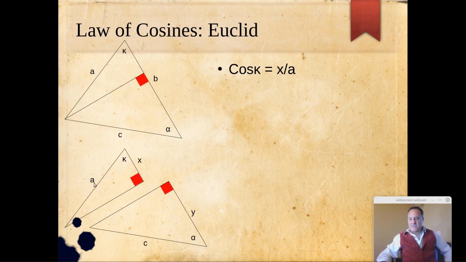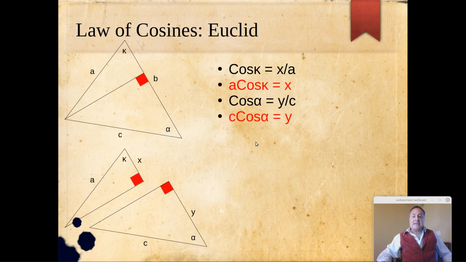You kind of have to turn this in your head into standard position. But it's X over A, so that A cosine kappa equals X. And likewise, when we take this angle alpha and discover the base value, the cosine of alpha equals Y over C, such that C cosine alpha equals Y.